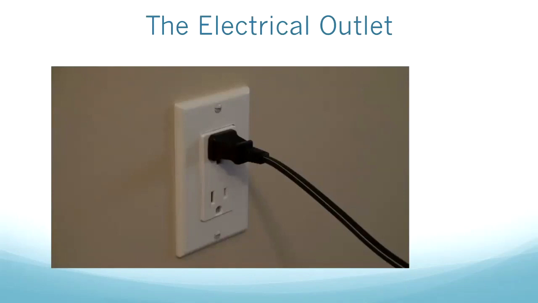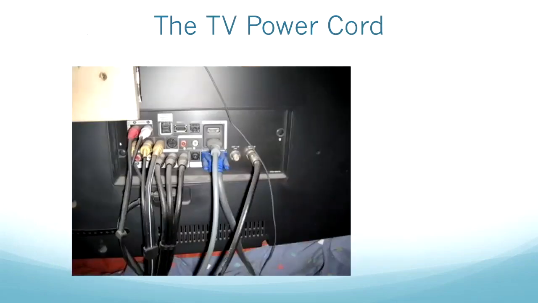And then you have the power cord, the little black cord there, which would be your nerve. So the nerve coming out of the spine goes towards the back of the TV, and we're going to use the analogy that the TV is a muscle.